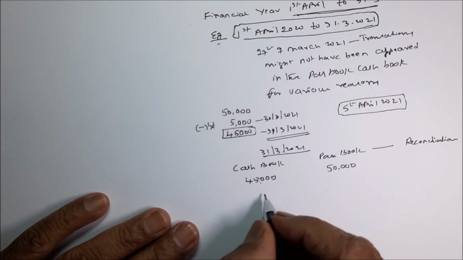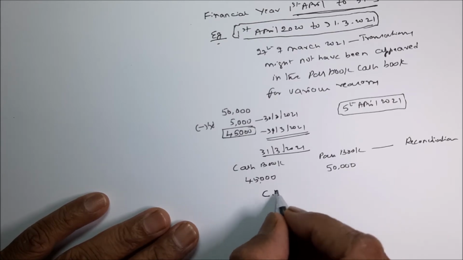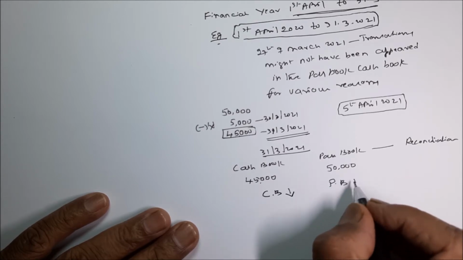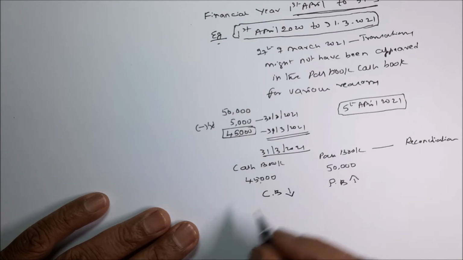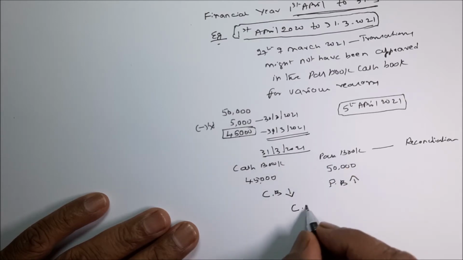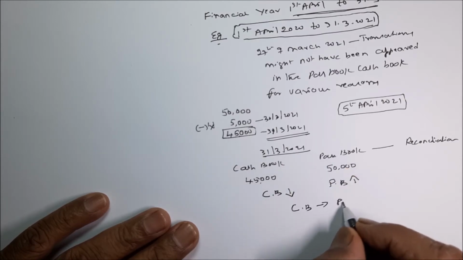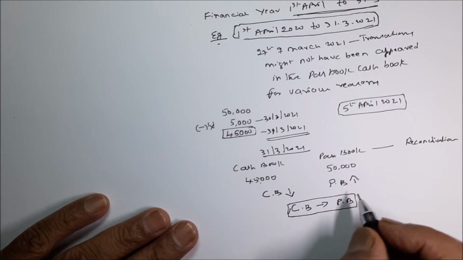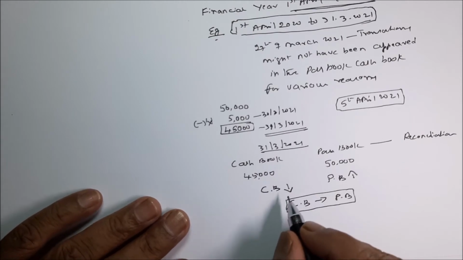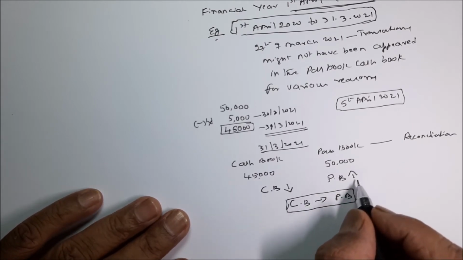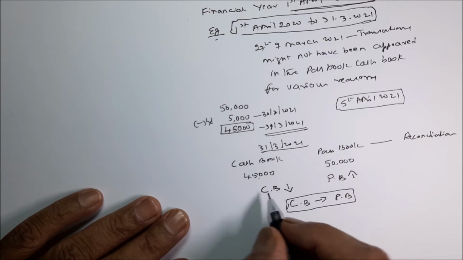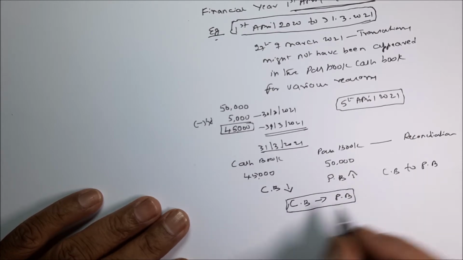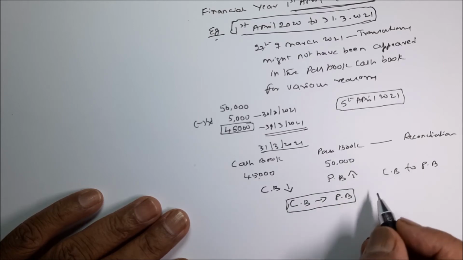Then what happens? I have given you the symbols. Cash book balance is showing less, passbook balance is showing more. You are coming from cash book balance to passbook balance. Then how to bring cash book balance to passbook balance?